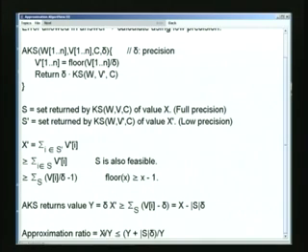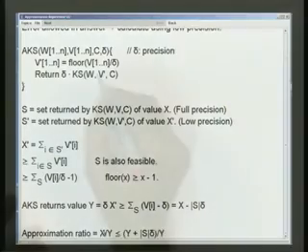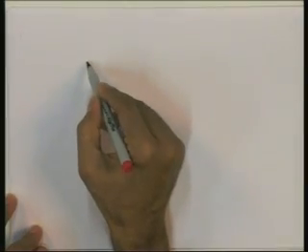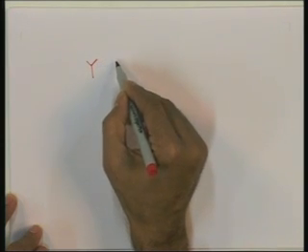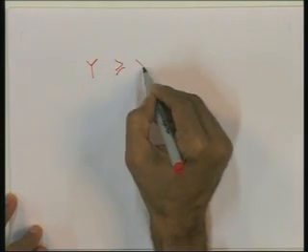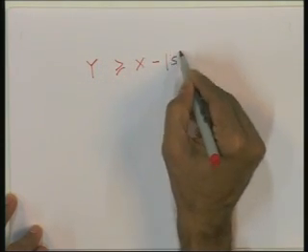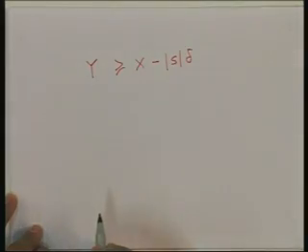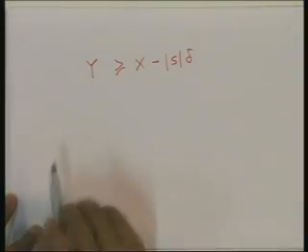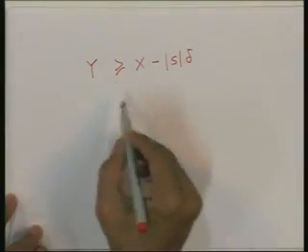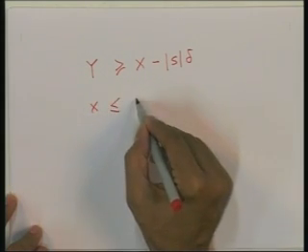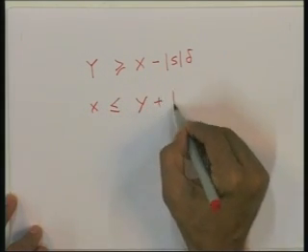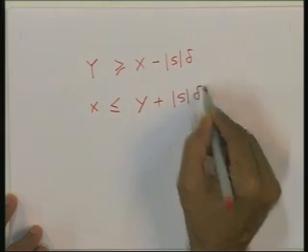Let us collect the inequalities which we had over there. We had one inequality which is y is greater than or equal to x minus cardinality S times delta. I can write this as x is less than or equal to y plus cardinality of S times delta.